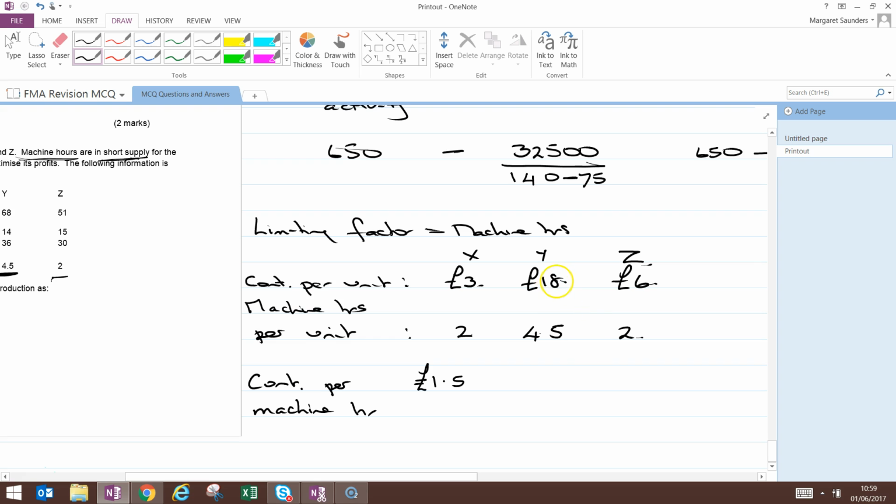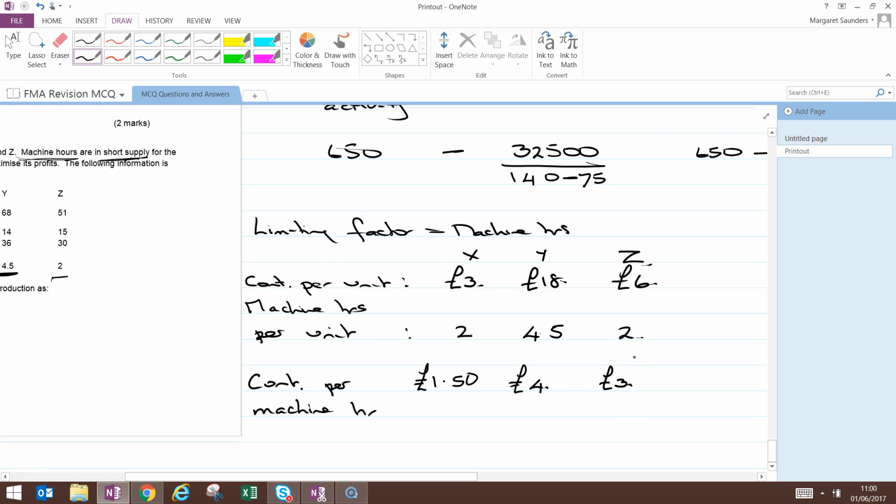For Y, contribution divided by machine hours. And for Z, contribution divided by the machine hours. So what we know is product X earns us £1.50 per machine hour. Product Y earns us £4 per machine hour. Product Z earns us £3 per machine hour.